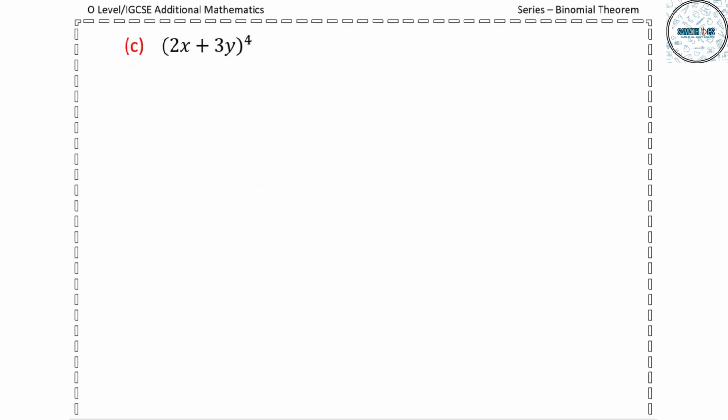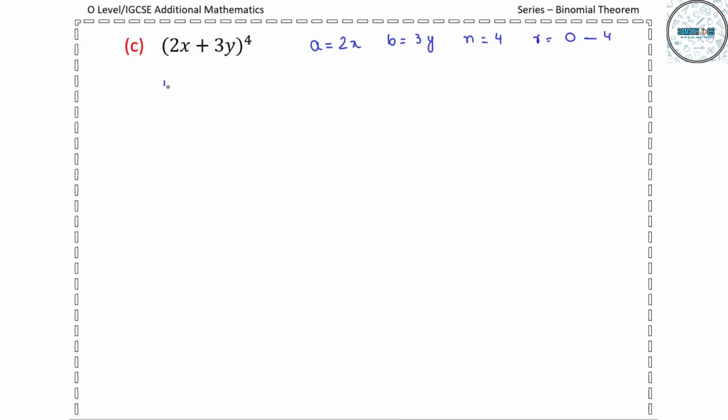Let's do another question in which two variables are here. At first place, there is variable x, and at second place, the variable is y. So, a will be considered as 2x, b is 3y, n is 4, and our values will be from 0 till 4.